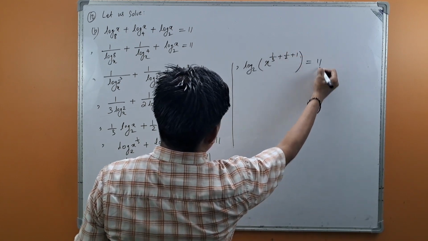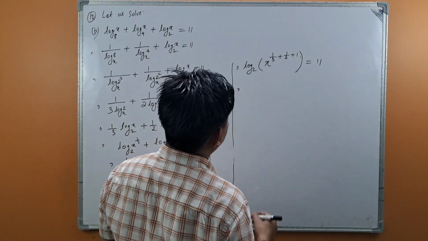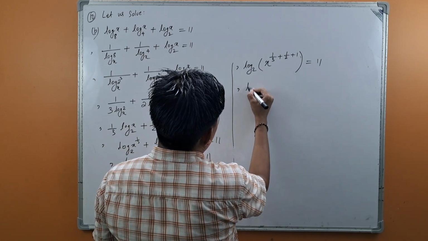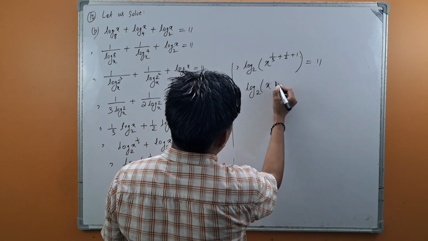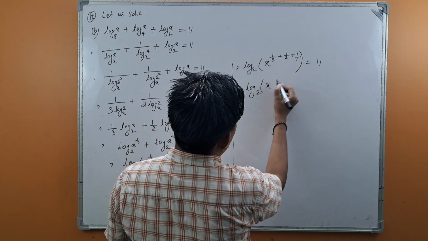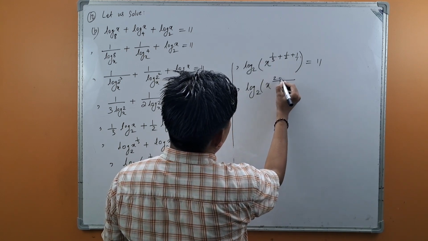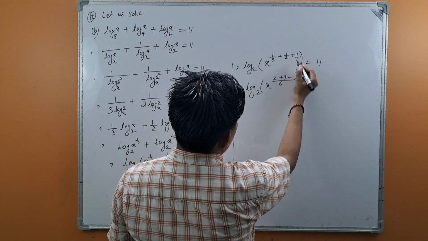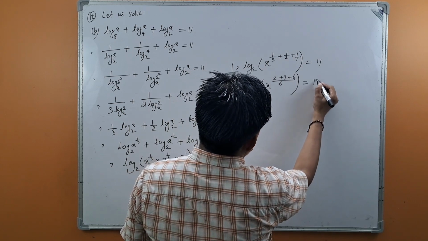Equal to 11. 11 is in the right hand side, isn't it? Or log base 2 of x to the power 1 by 3 plus 1 by 2 plus 1, and we have 1 in the denominator of this number. 3, 2 and 1. LCM is 6. 3 2s are 6, 2 1s are 2, plus 2, 3 3s are 6, 3 1s are 3 plus 1, 6 1s are 6, equal to 11.